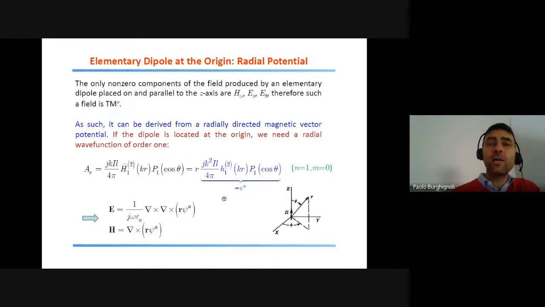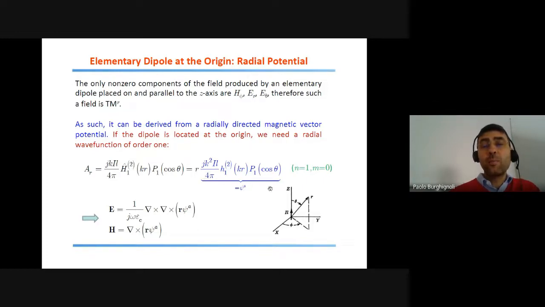If you place your dipole at the origin, then you should employ a radial wave function of order 1. As you can see here, we have the Hankel function of order 1 times the Legendre polynomial P of order 1. This would define a wave function indicated here with the blue color, psi A, that multiplies the radial coordinate r.